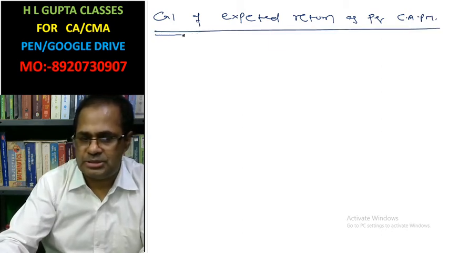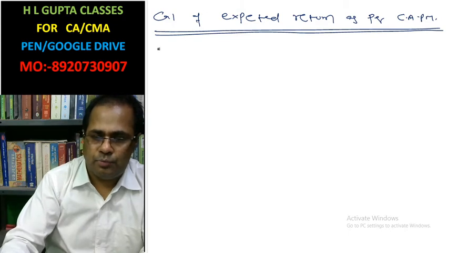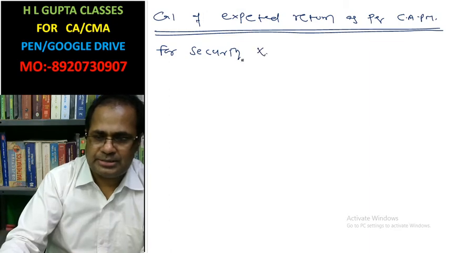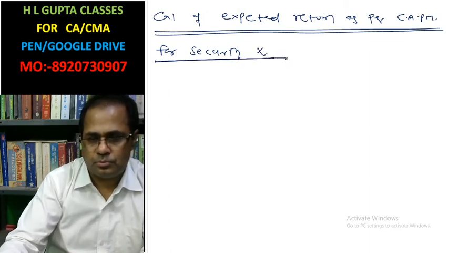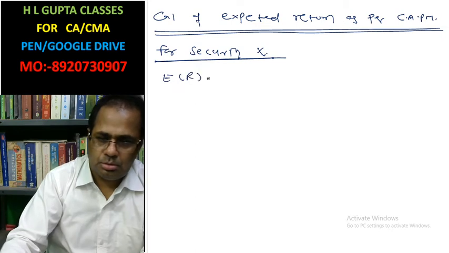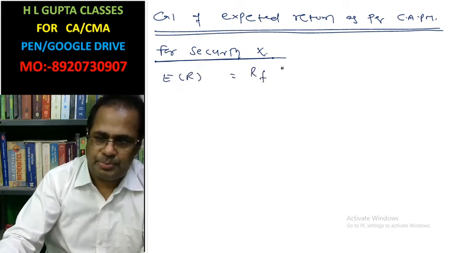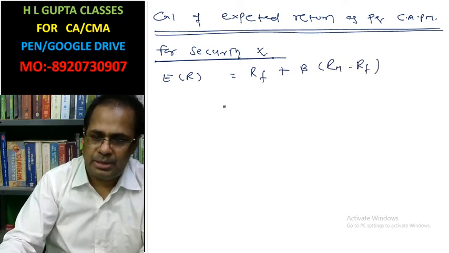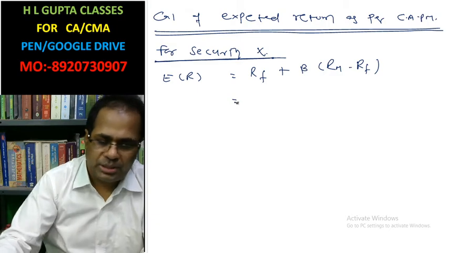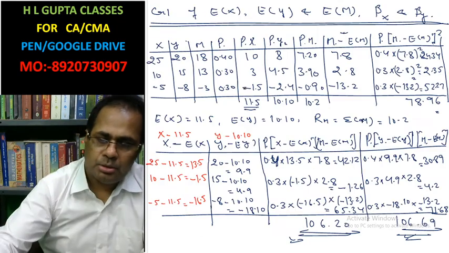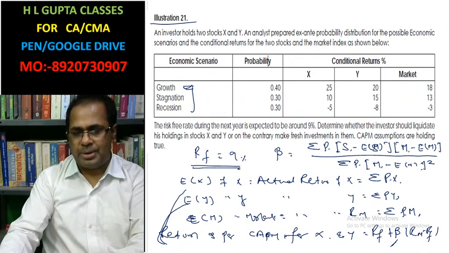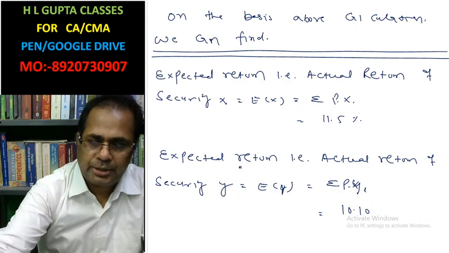Expected return as per CAPM for security X: risk free plus beta into RM minus RF. What is the risk free you have? In the question it is given 9%. Return on the market portfolio is already calculated and beta is already calculated.